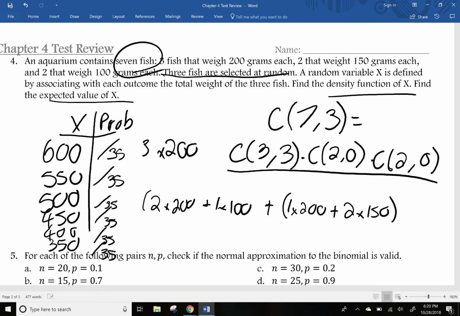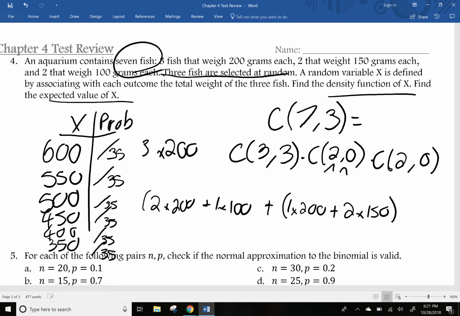I'm going to put all three of them here just to emphasize the point that this accounts for the 200 grams, this accounts for the 150 grams, and this accounts for the 100-gram fish. So there are 3 200-gram fish, and I'm choosing all 3 of them in this first probability I'm looking for, which means that of the 2 150-gram fish, I'm choosing none of those, and of the 2 100-gram fish, I'm choosing none of those as well.